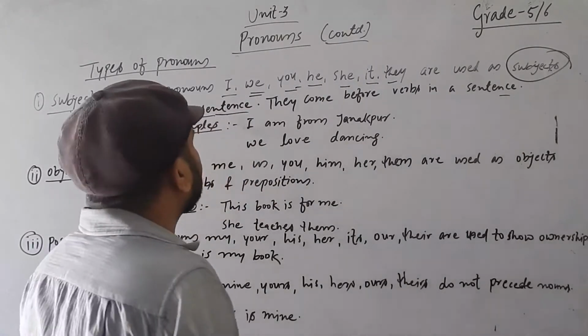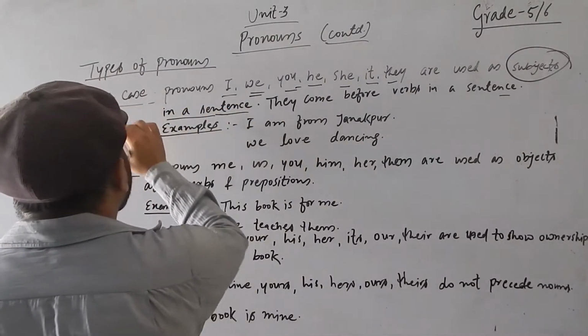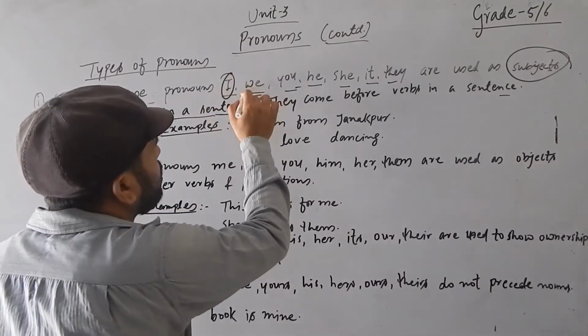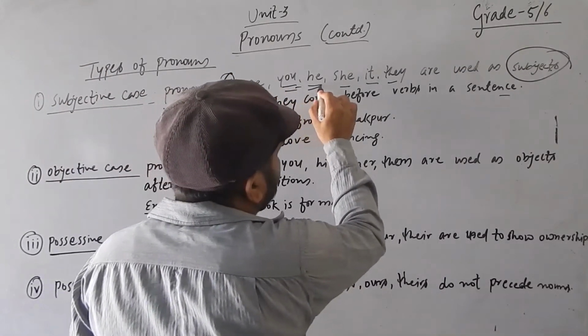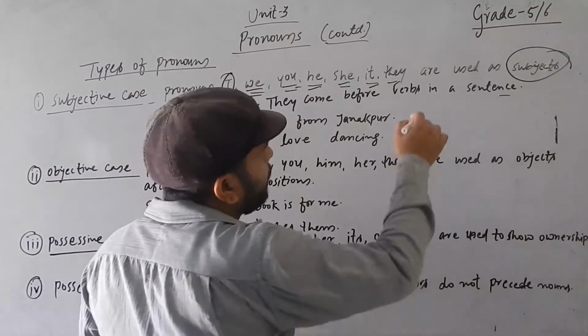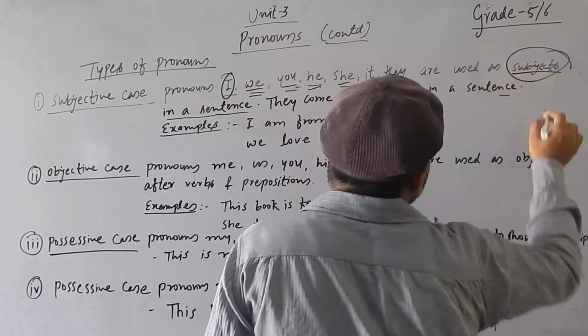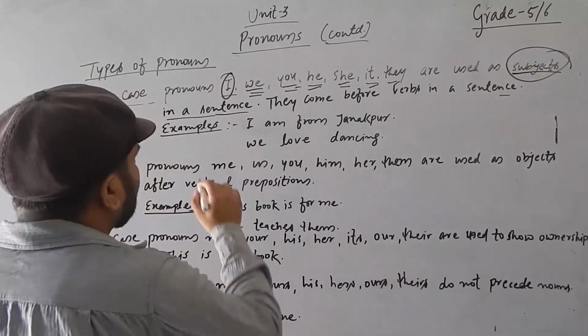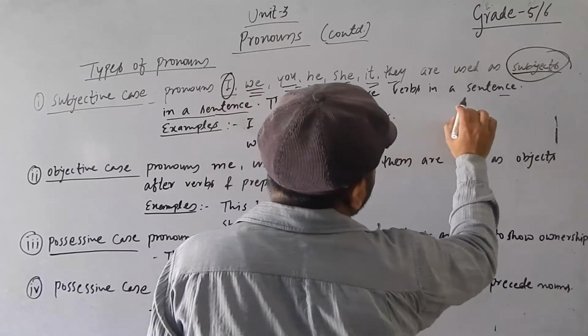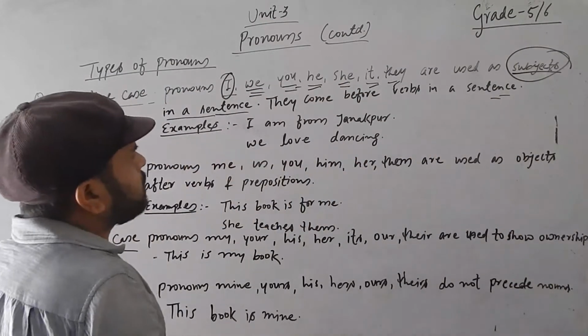In general, you have to know subjective pronouns are those pronouns which we call I, we, you, he, she, it, they. They are used as subjects. How? In a sentence. They come before verbs in a sentence.